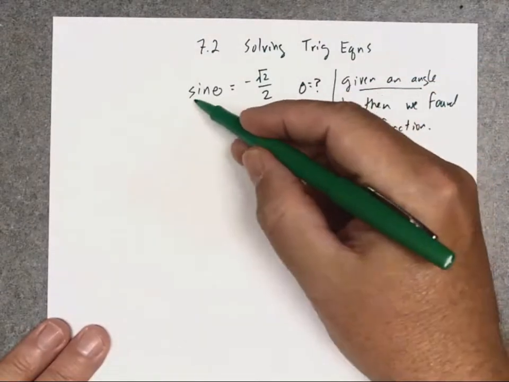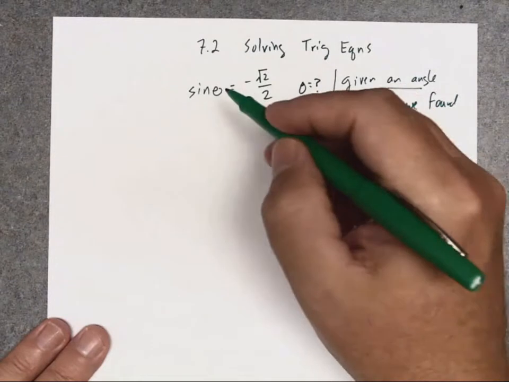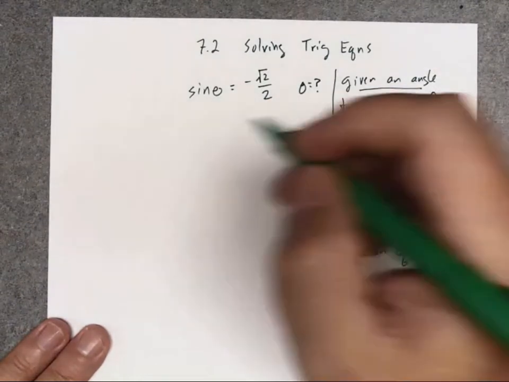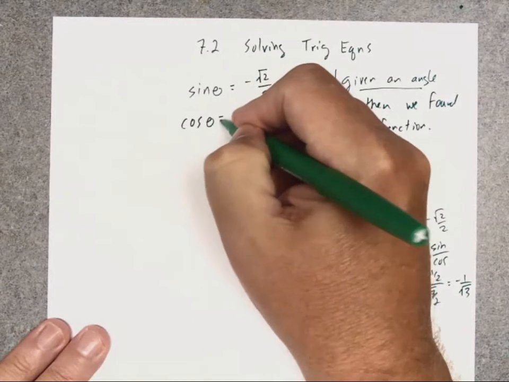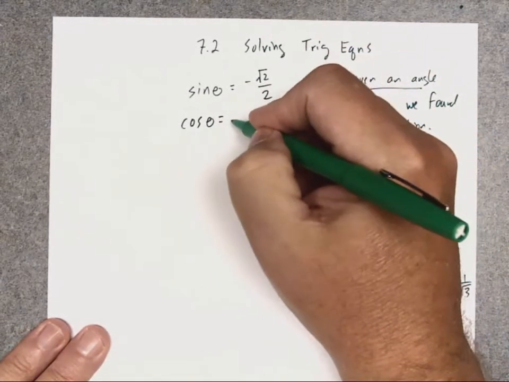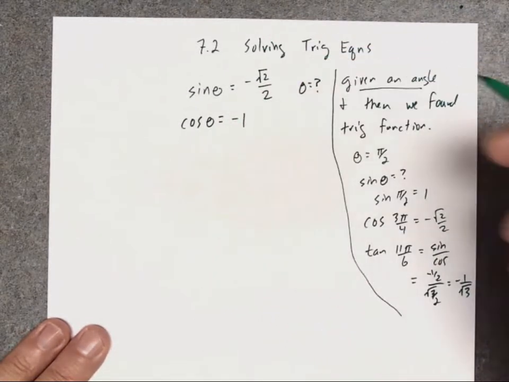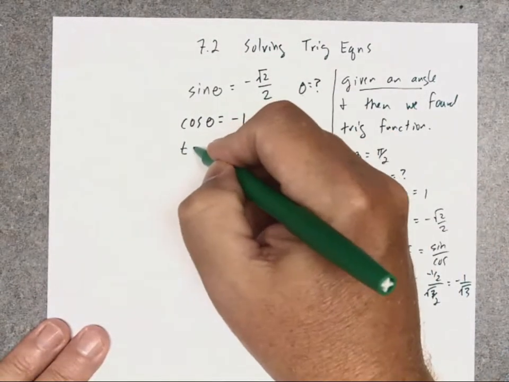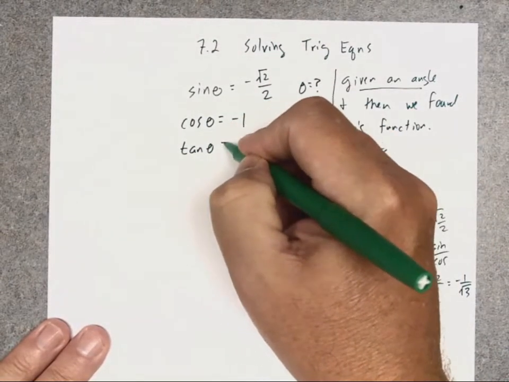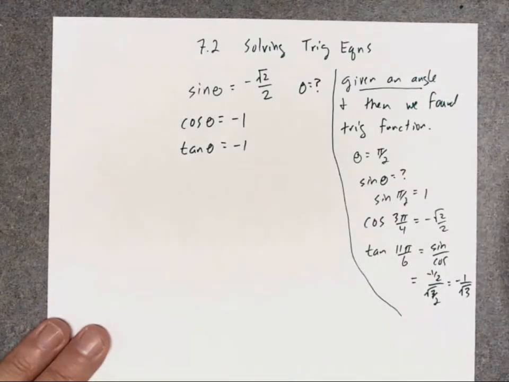So once again, this is a trig equation. We're trying to solve for the angle. Here's another one. These first few don't look too complicated, and when we get around to solving them, they're actually not that complicated.